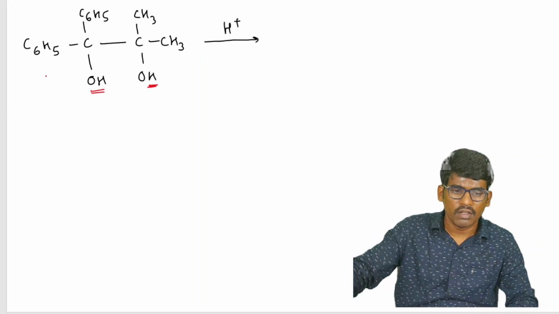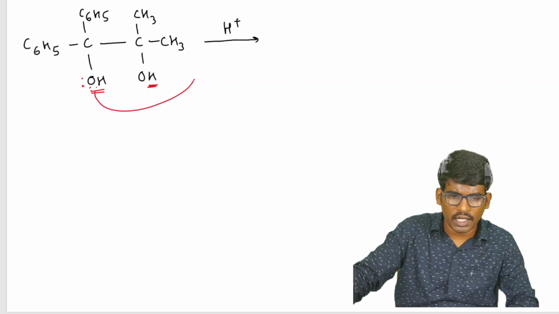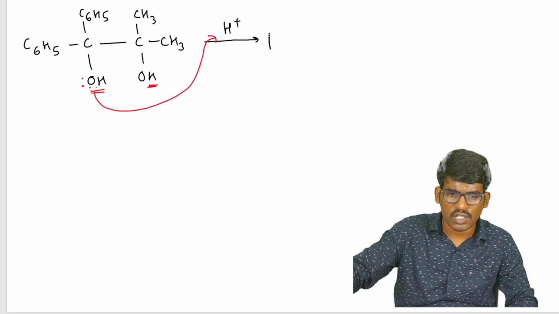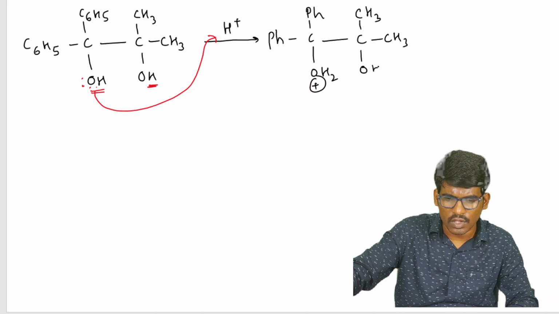So I'll make this oxygen donate its lone pair to H plus. Then C6H5, I'm writing it as Ph for the sake of convenience. This is going to form OH2 plus, and it is C, CH3, and OH.